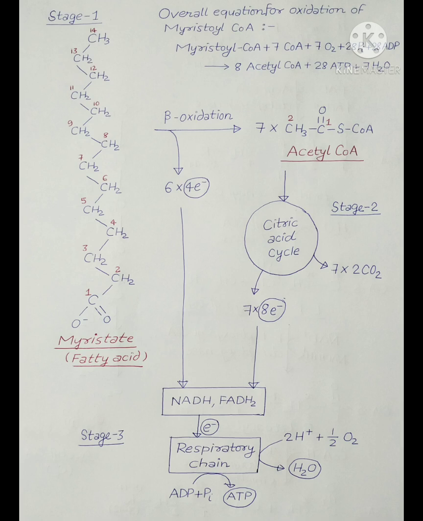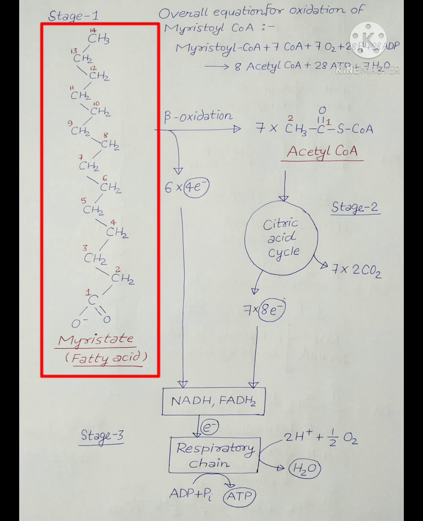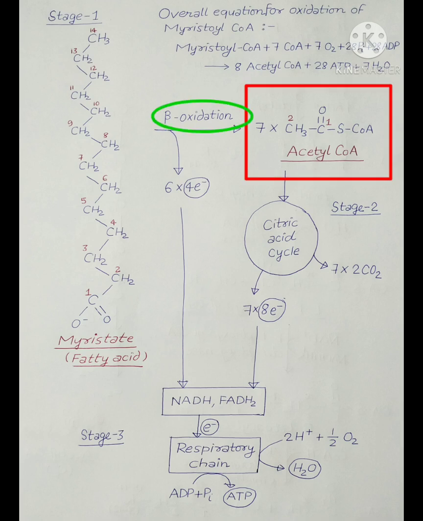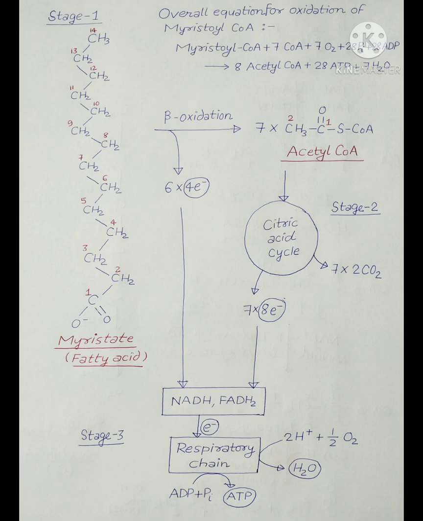So in beta oxidation, let's start with myristic acid, which is a 14 carbon carboxylic acid. It will break down into 7 molecules of a 2 carbon compound, that is acetyl coenzyme A. It is very easy to count the number of acetyl coenzyme A formed by the breakdown of any acid.